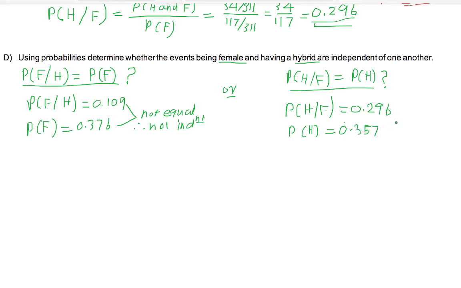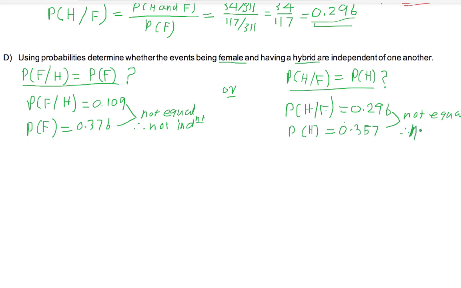So you see these two are also not equal. So therefore you can decide these are not independent, or you can say dependent.